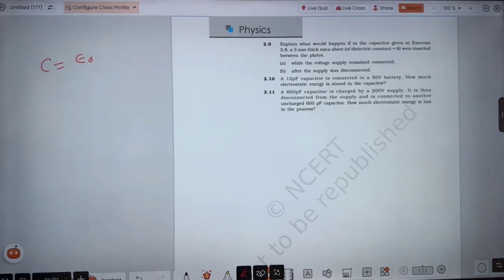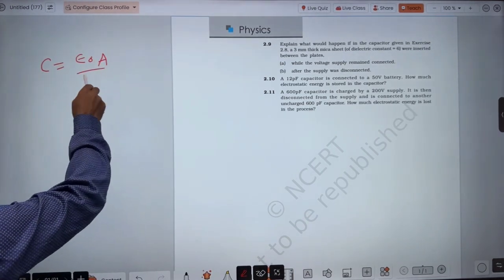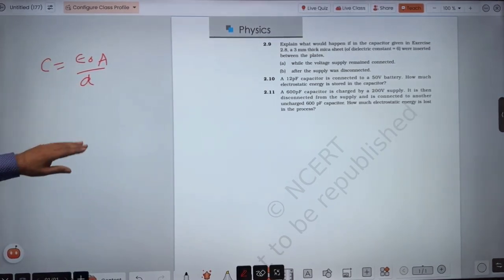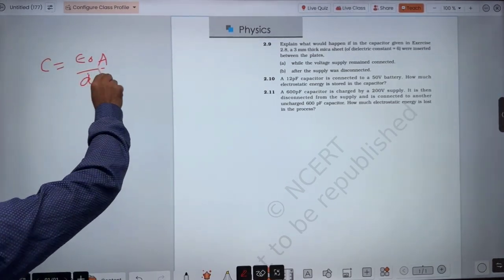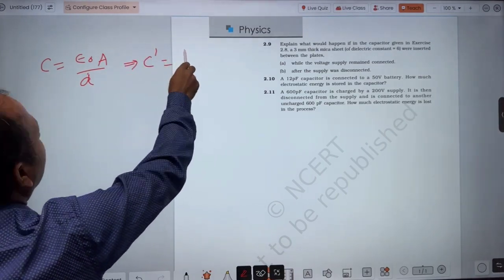So here the dielectric constant is given as 6. So in the previous question, whatever answer you have got, you can multiply it by 6 to get the result. While the voltage supply remains connected, nothing will change, charge will remain same.